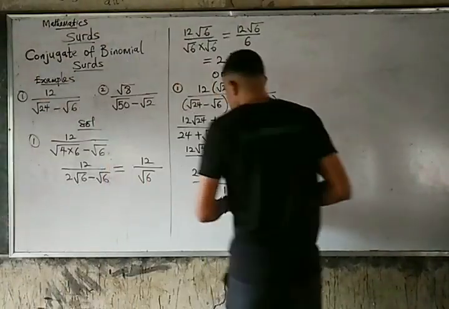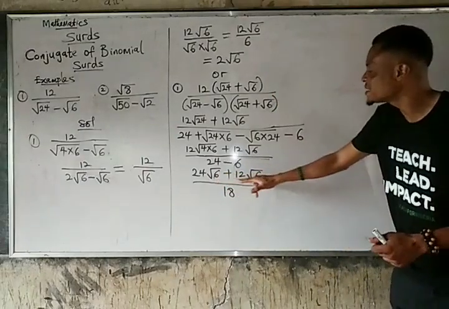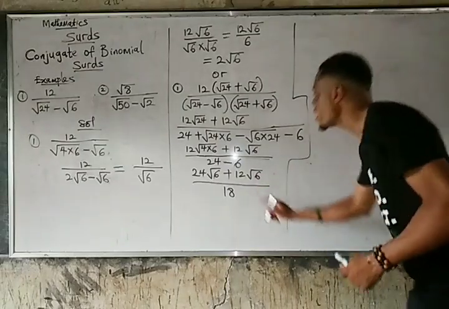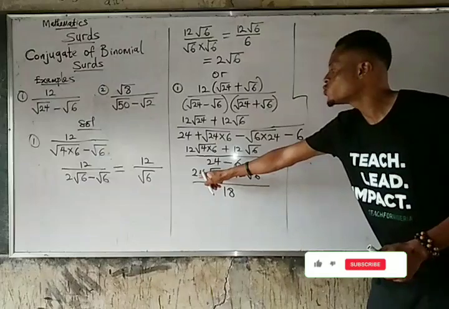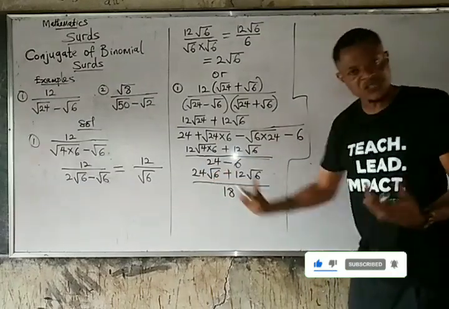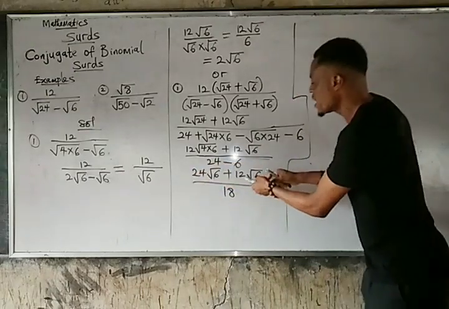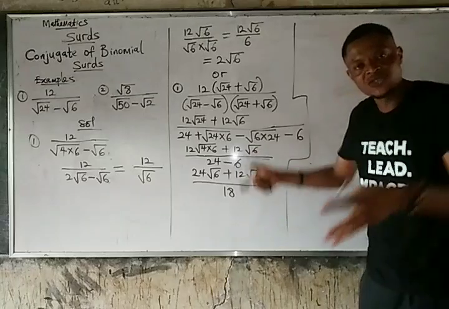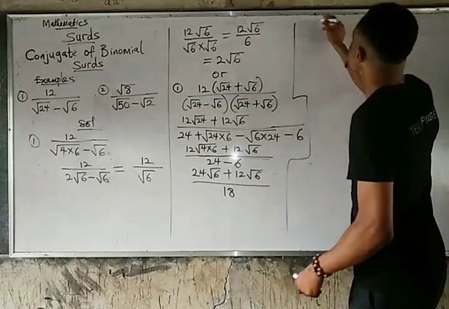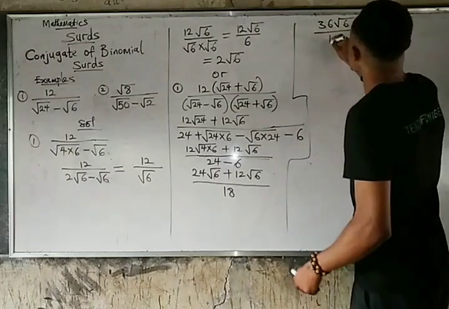So looking at this, if I have 24 of root 6 and I am to add 12 of root 6 to it, by the time I add 12 of root 6 to 24 of root 6, this will give me 36 of root 6. 24 of root 6, root 6 in 24 pieces, and I have root 6 in 12 pieces. By the time I join everything together, it gives me 36 of root 6. So this gives me 36 of root 6 all over 18.